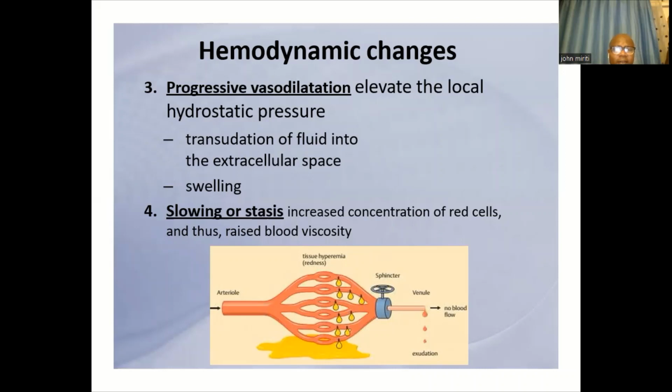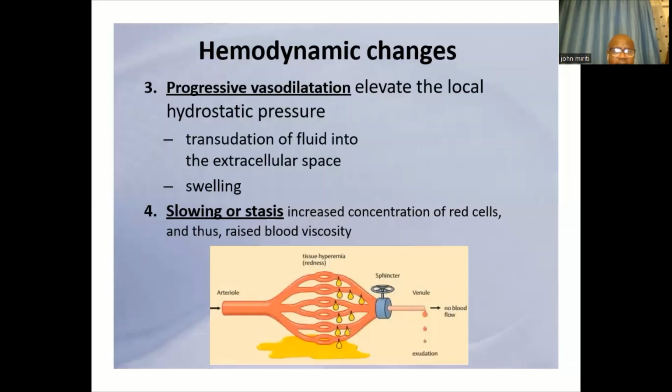This results in transition of fluids from the capillaries, the intravascular space, to the extravascular space. Because of high hydrostatic pressure, the fluid escapes from the lumen of the capillaries into the matrix and tissues, and this is what encourages swelling, which is a cardinal sign of inflammation.